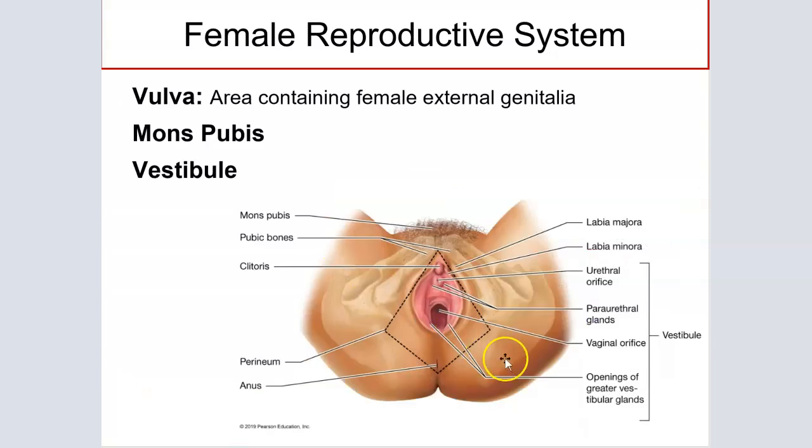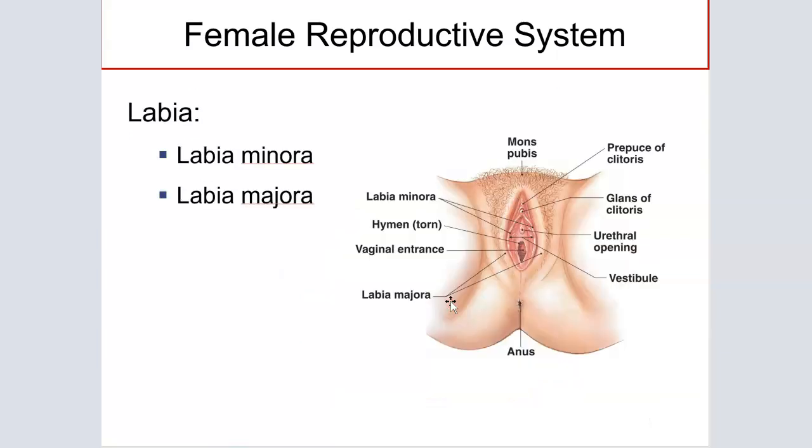Now, the vulva is the whole area of the female external genitalia. The vulva has the mons pubis, and this is the fatty pad over the pubic bone. And then you have the vestibule, which is this kind of pink area. The vestibule, like I mentioned, is the opening to the female reproductive system. And when we look at it, we have these labia.